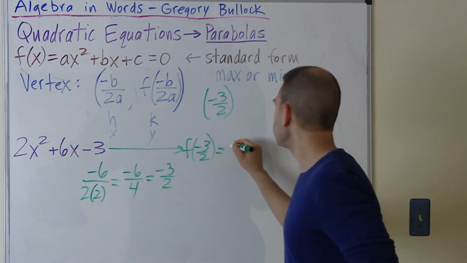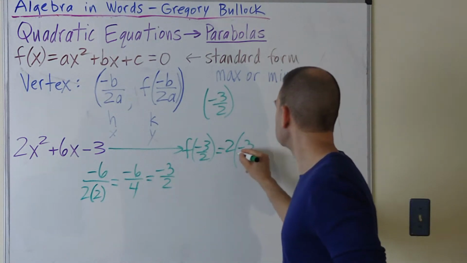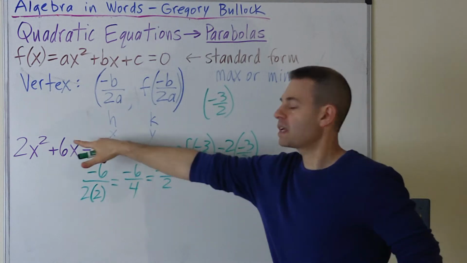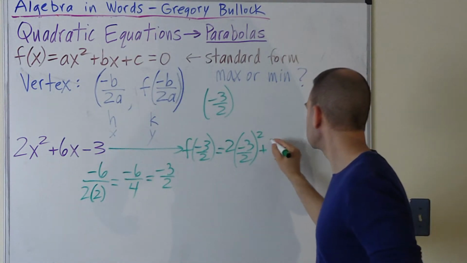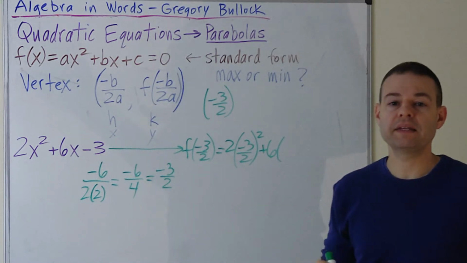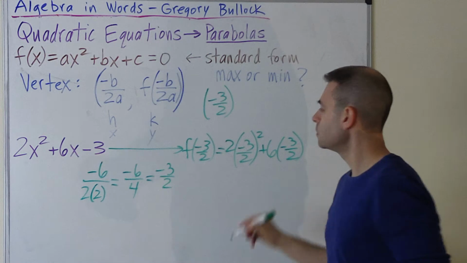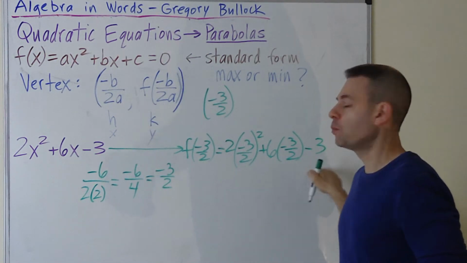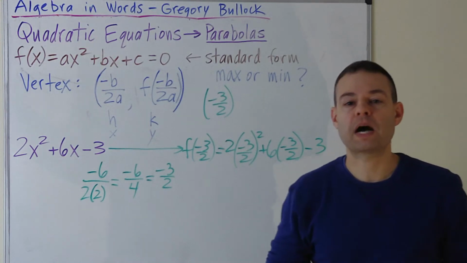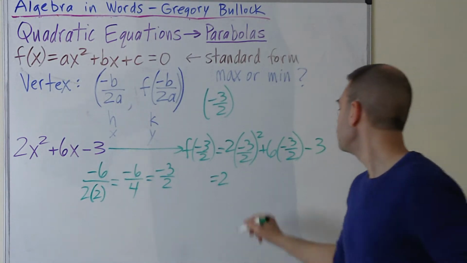So we have 2 times negative 3/2, remember, that's squared, plus 6 times, again, negative 3/2, minus 3. And we're just going to simplify this down as much as possible. So let's start by bringing down the 2.